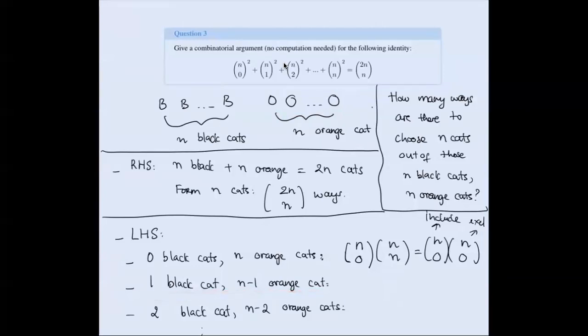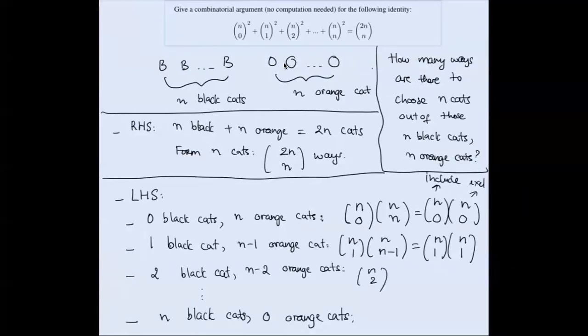Similarly, for the next case, out of n black cats, I choose 1 to be included. Out of n orange cats, I choose n minus 1 to be included. And it is the same as out of n black, I choose 1 to include, and out of n orange, I choose 1 to exclude.